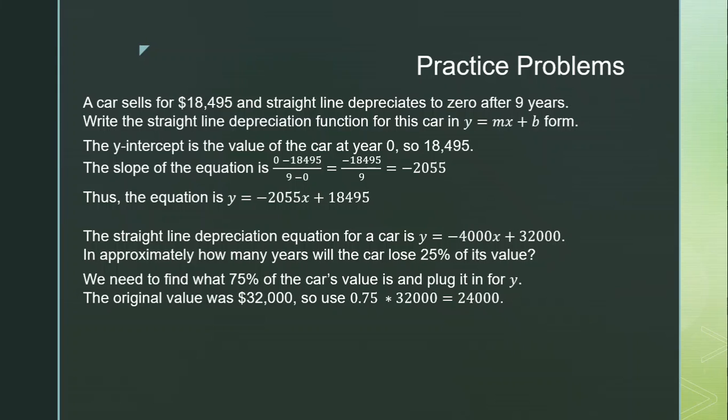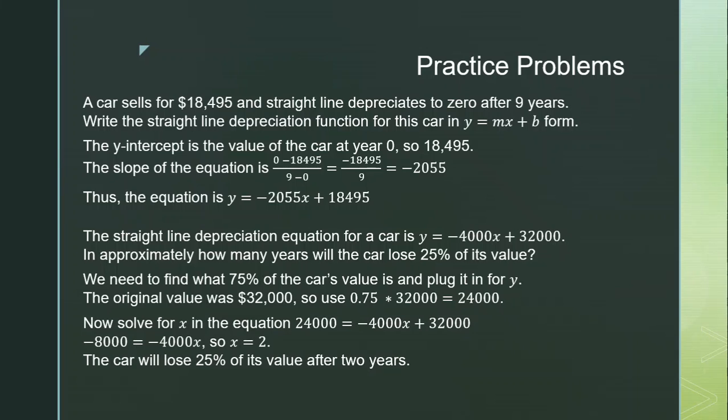So if we use 0.75 times $32,000, we want to know when our car is going to be worth $24,000, because that's when it's lost 25% of the value at that point. It's gone from $32,000 down to $24,000. And to find that, we just put it into our equation for y, because y is our value.